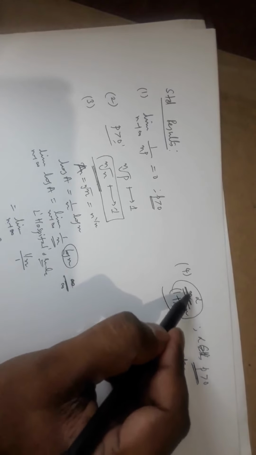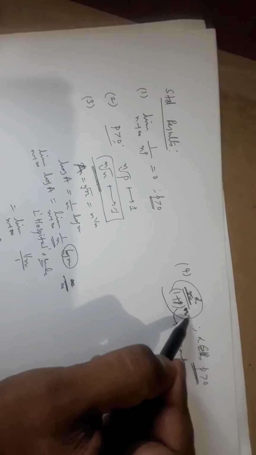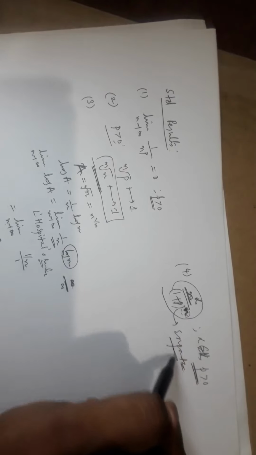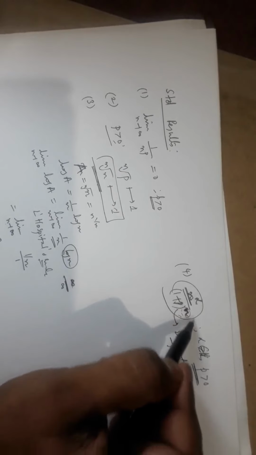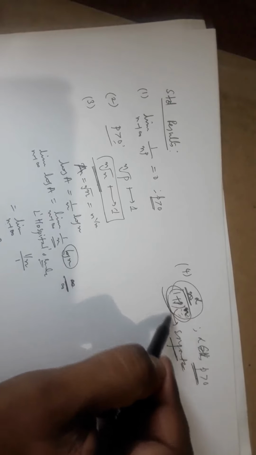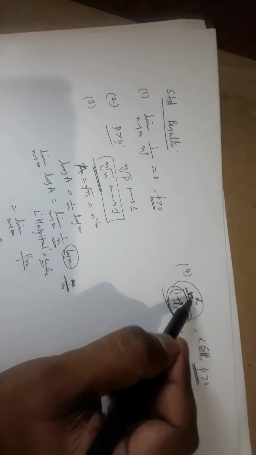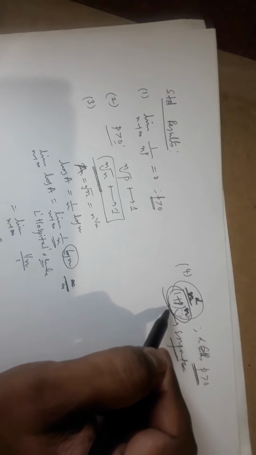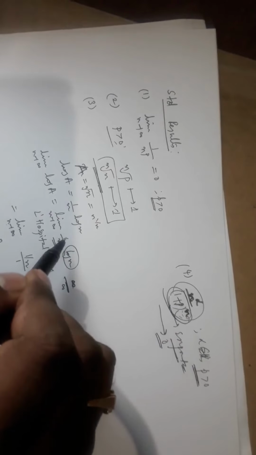Some n to the power alpha is there, and 1 plus p whole to the power n. You need to concentrate on this n. n is in the power, so that's why the denominator is increasing exponentially. If the denominator value increases exponentially, then this value will be larger. So whatever the value of n to the power alpha in the numerator, the denominator will dominate the numerator. That means it will go to 0.